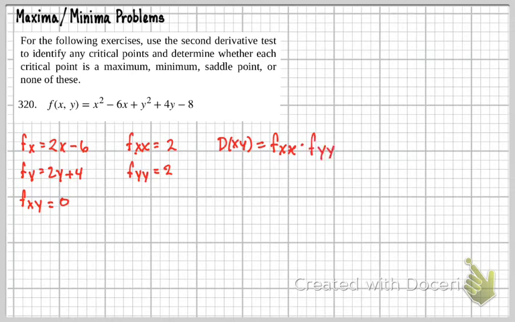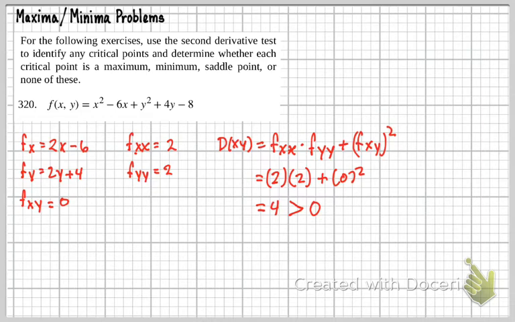Notationally this is not correct, but I wanted just the idea of what I'm putting in where. If you did that on a test, I think I would be okay with that. And that's just going to be 0 squared. So this actually turns out to be 4. So this tells me my D is greater than 0.